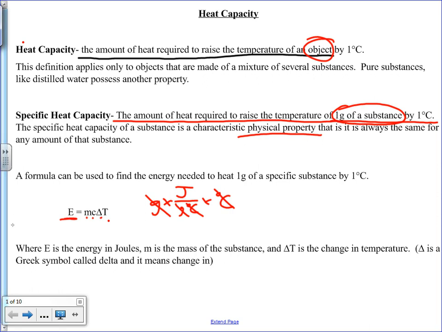Everybody with me there? So the things we really need to remember: what everything in this formula means, and how we tie the specific heat capacity into the proximity to oceans factor affecting climate. That's the other thing we really need to remember, is how that ties into factors affecting climate.